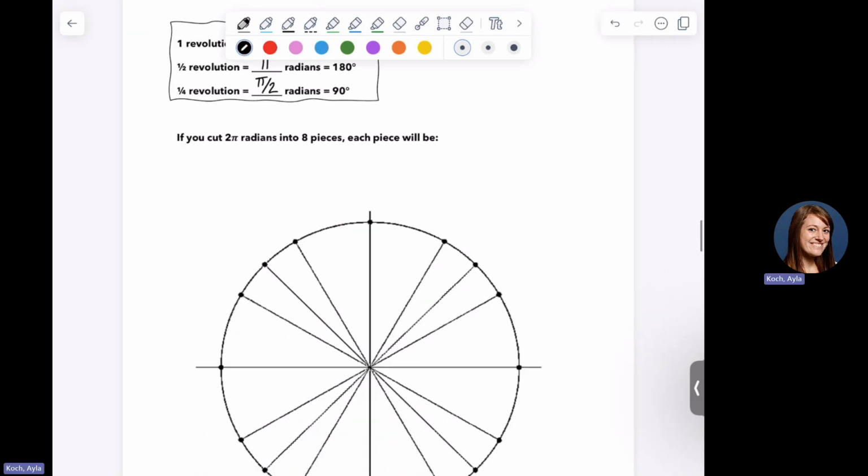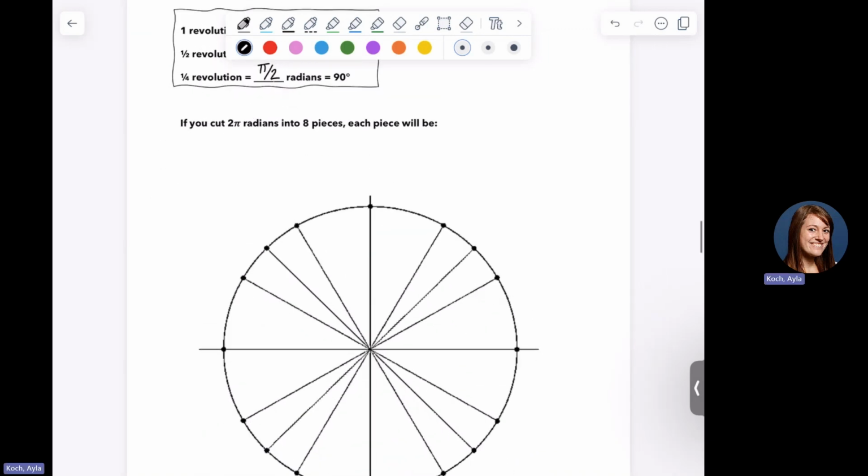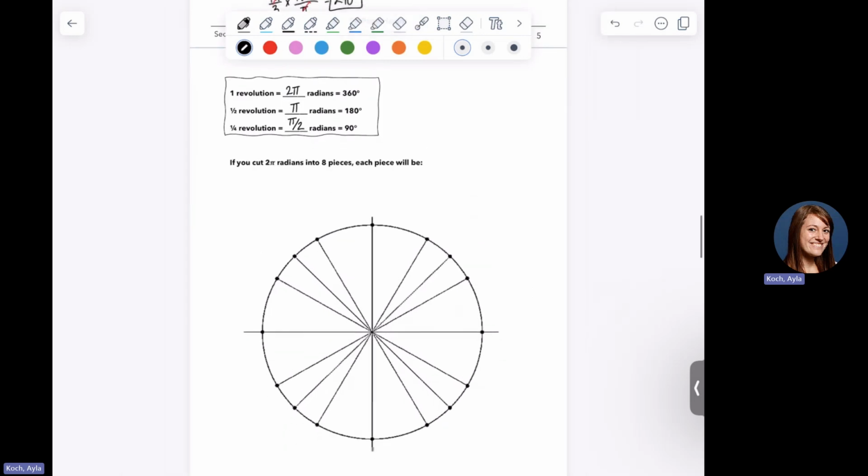So let me kind of label this guy here. We're going to cut this one into 8 pieces to begin with. This is 0 radians.